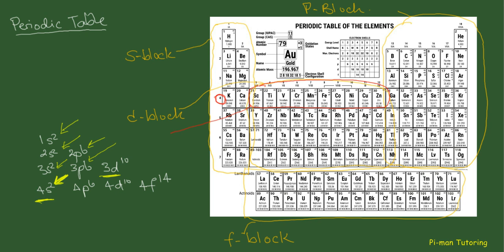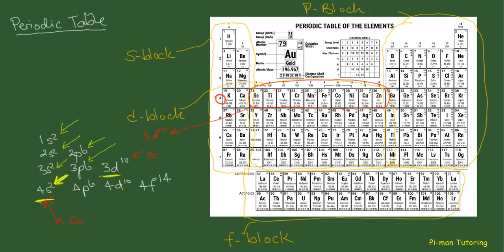But these guys here, we are actually filling the 3d10 level here, even though we are in period number 4. We're moving from the 4s, potassium and calcium, and then the next elements in the periodic table would be starting with scandium and titanium.